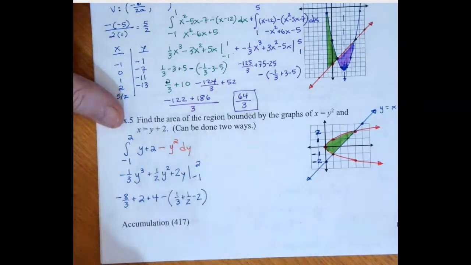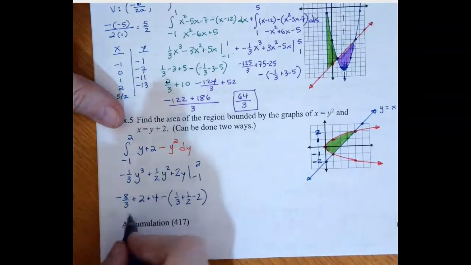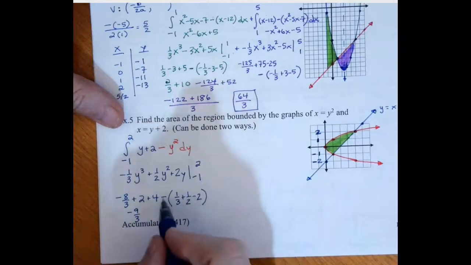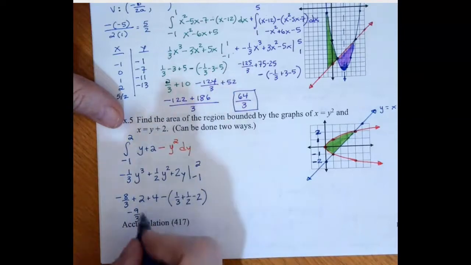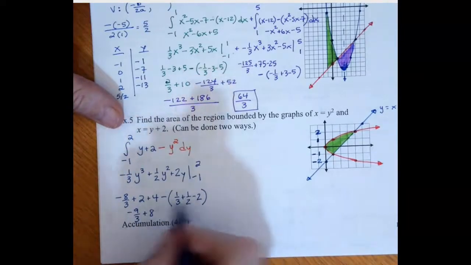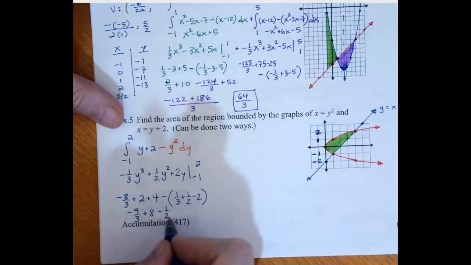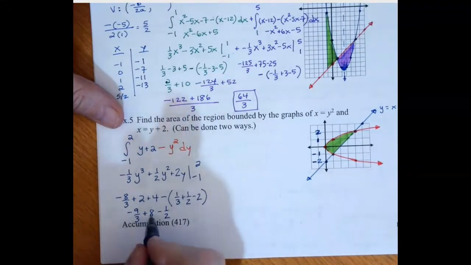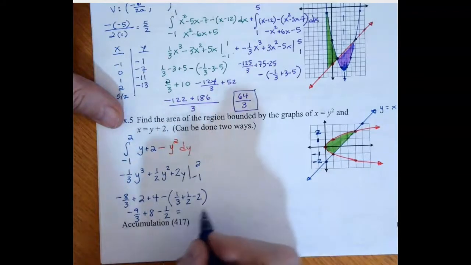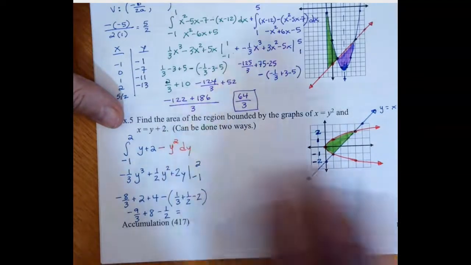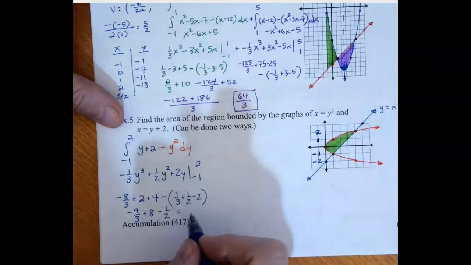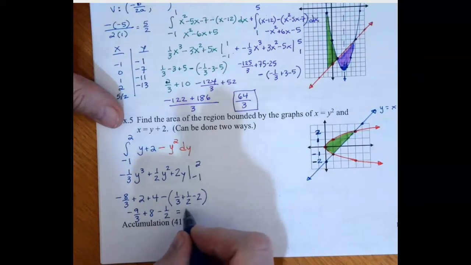And so putting all this together here, that's going to be negative 9/3, 6 plus 2 is 8, and minus 1/2. So that's negative 3 plus 8 is 5, 5 minus 1/2. It kind of matches the problem we did on the front there a little bit. So that's going to be 4.5.